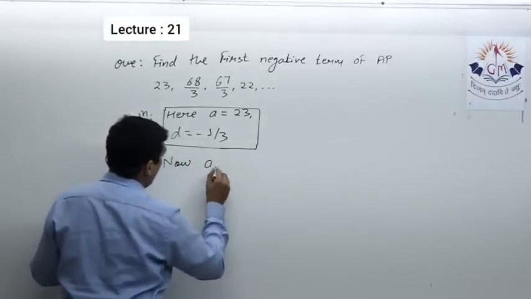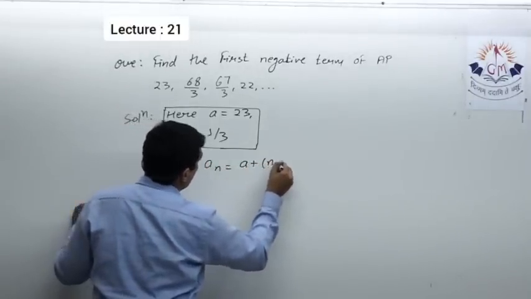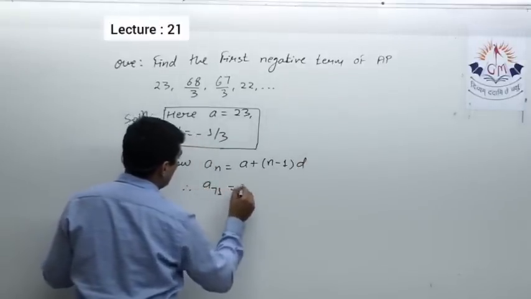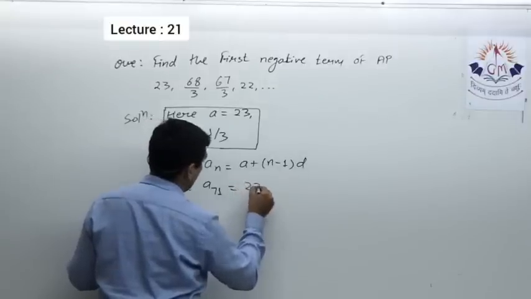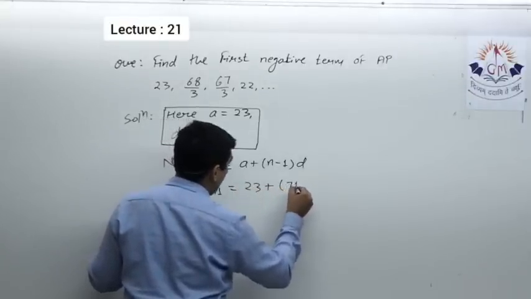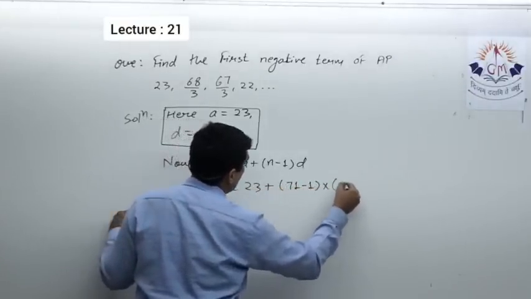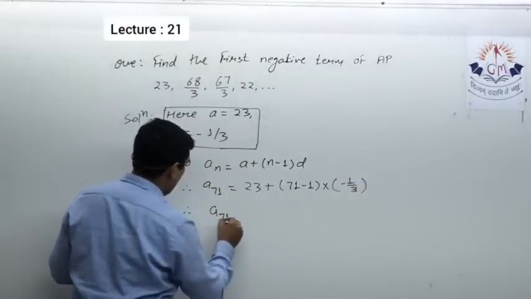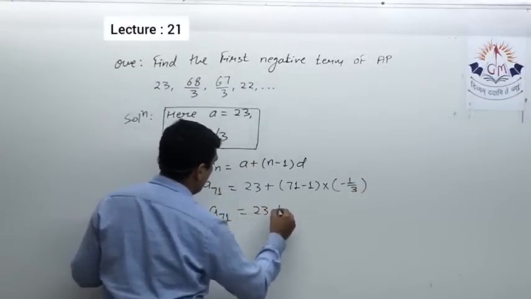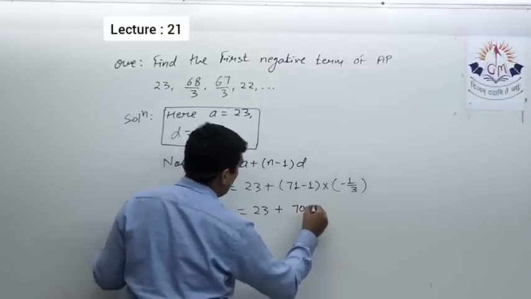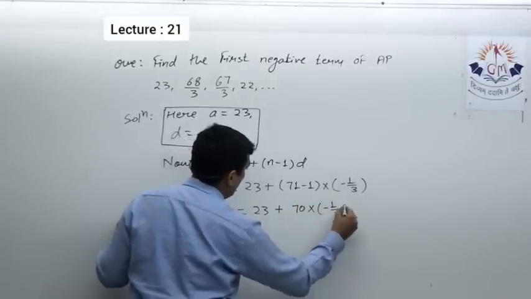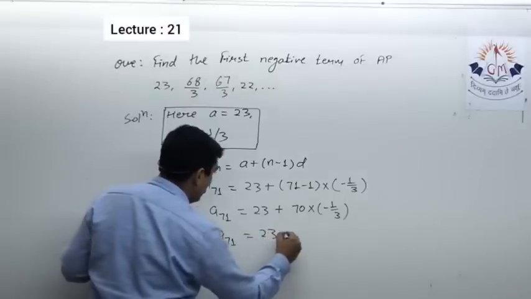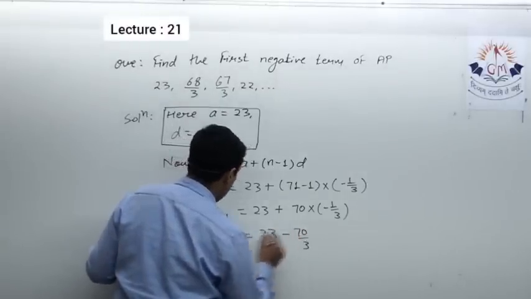Now AN is equal to A plus N minus 1 into D. Therefore A71 is equal to A, that is 23, plus 71 minus 1, D is minus 1 by 3. Therefore A71 is equal to 23 plus 70 into minus 1 by 3. Therefore A71 is equal to 23 minus 70 by 3.